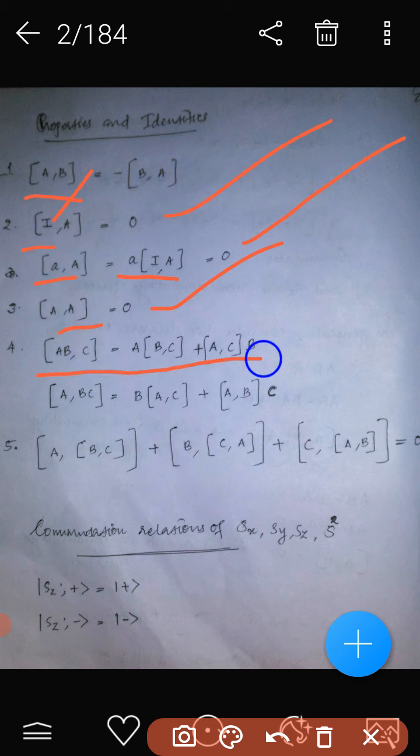And here is another result: A, B and C are three operators, and [A, BC] can be written in this form, and also [AB, C] can be written in this form.